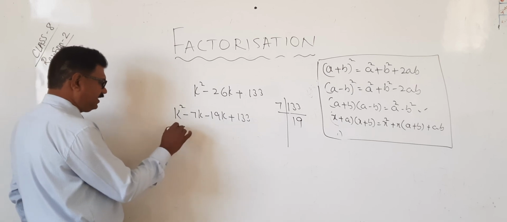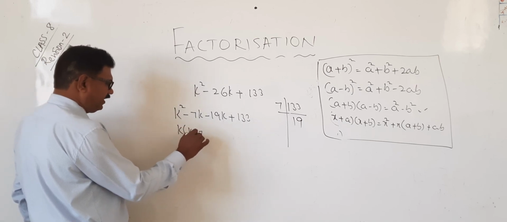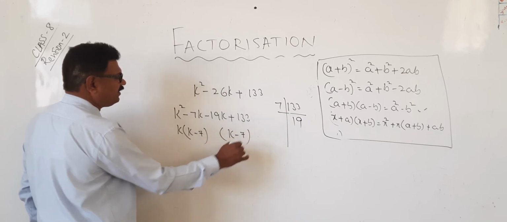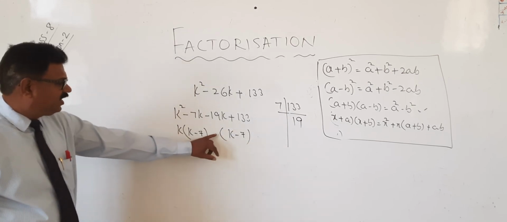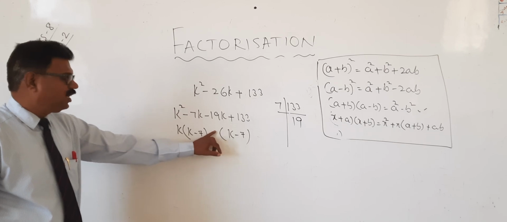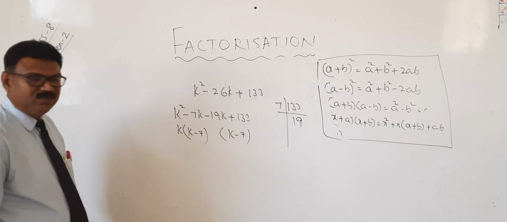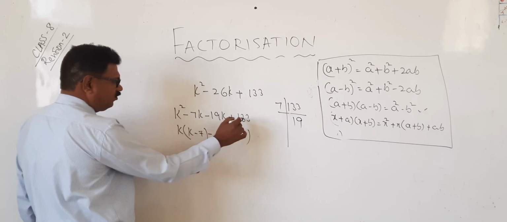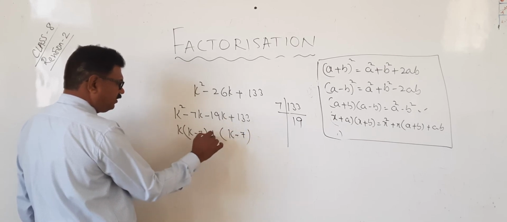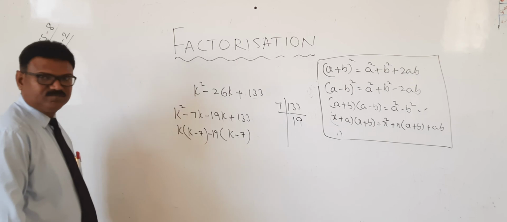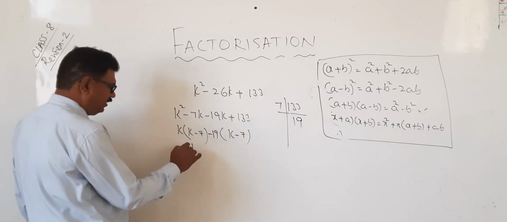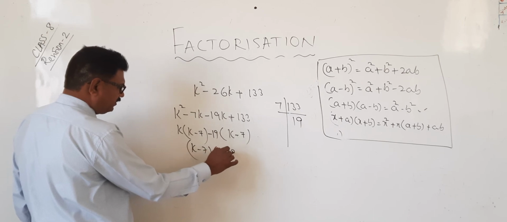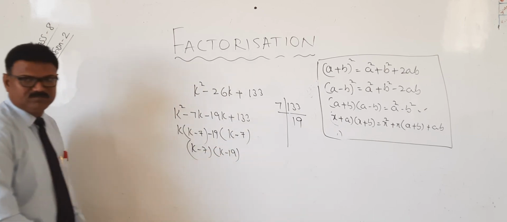Now if you take k as common, k minus 7. Here also we should write k minus 7 only. Many students will not understand how to fill this gap. Very simple. Minus 19, 133 by 7 is nothing but 19. Therefore, what happened? k minus 7 into k minus 19.